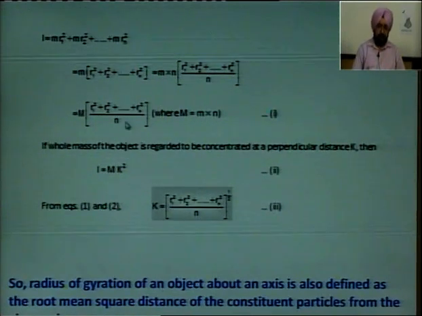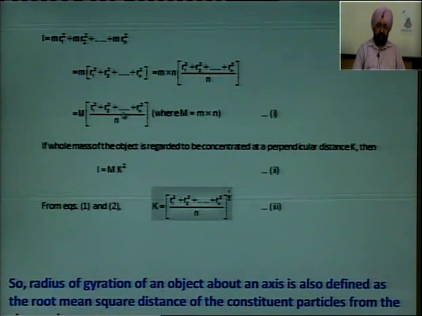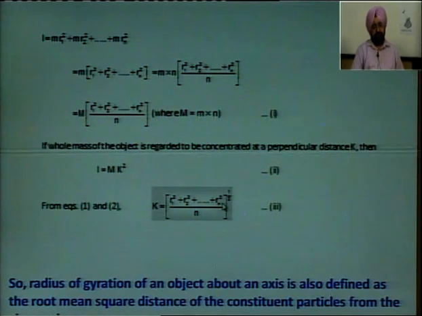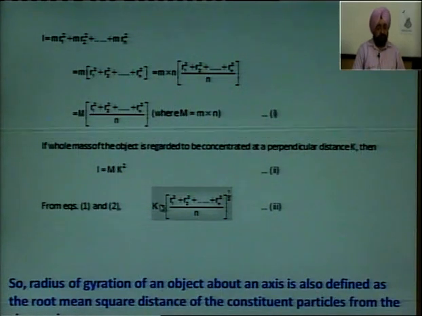You equate the two: I is m k square, that is m into (r1 square plus r2 square plus so on plus rn square) by n. You get k equal to the square root of (r1 square plus r2 square plus so on plus rn square) divided by n. So, what is this?